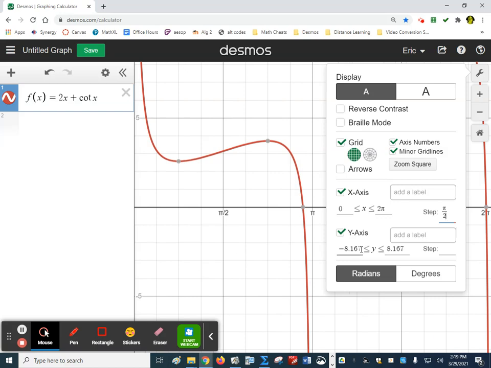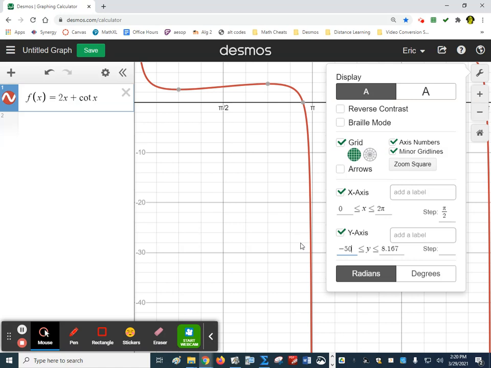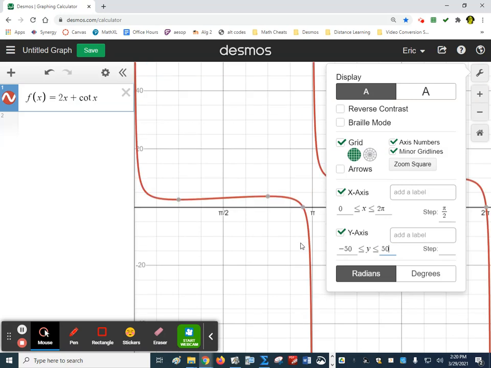And on y, we'll just go as far as we need to get this thing to show up. How about negative 50 to positive 50 and see if that looks good.